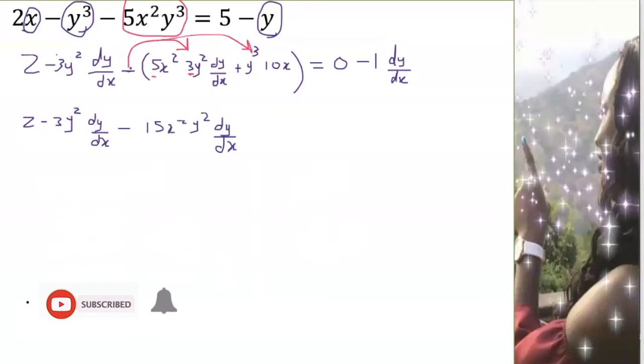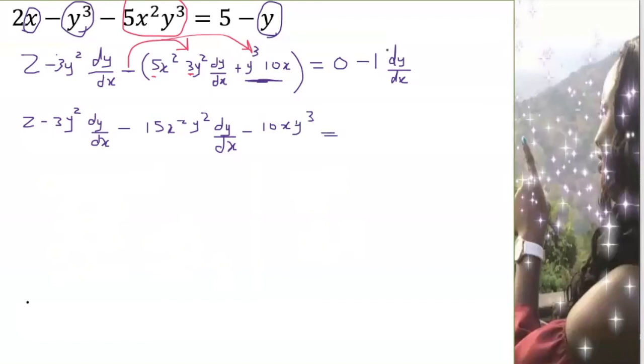Then we multiply minus times positive. So the negative times positive, because the subtraction sign is like a negative sign, so that changes to negative. So I have minus. I will be rearranging this, so I'm going to have 10xy cubed. You don't have to, but that's my decision to rearrange.